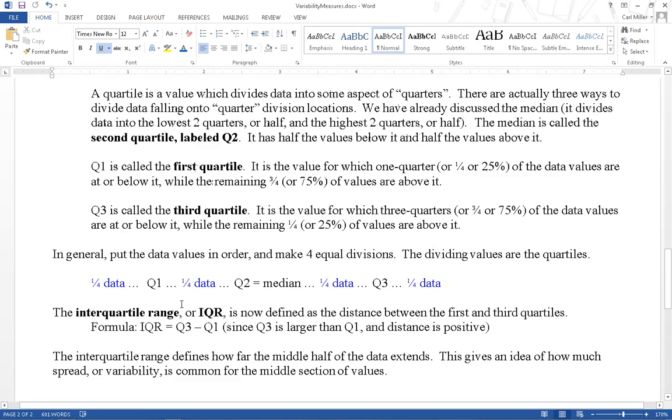Now, just to mention, typically what happens is if you have a histogram or a data set which is symmetric, so it looks like a mirror image, you use the mean to measure the center, and you would use the standard deviation to really measure the variability or how spread out the values are.